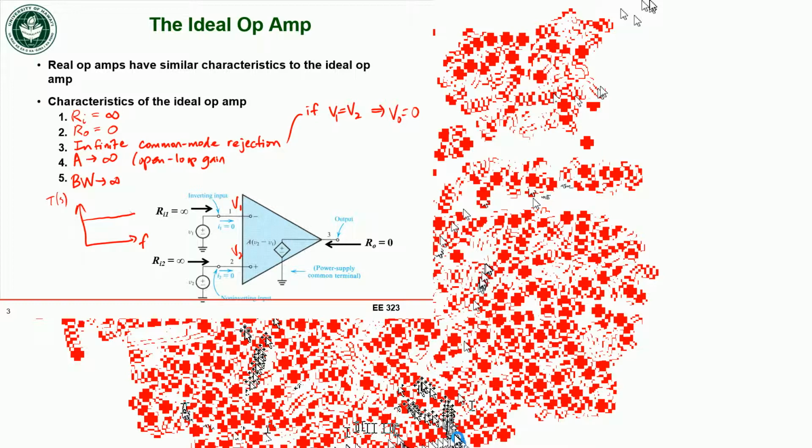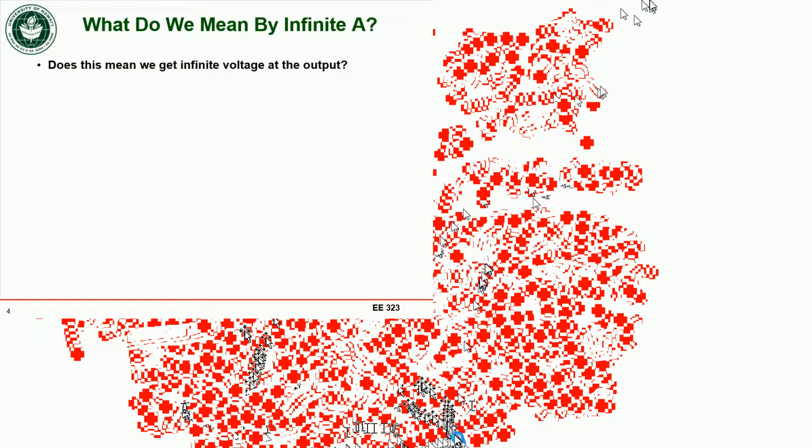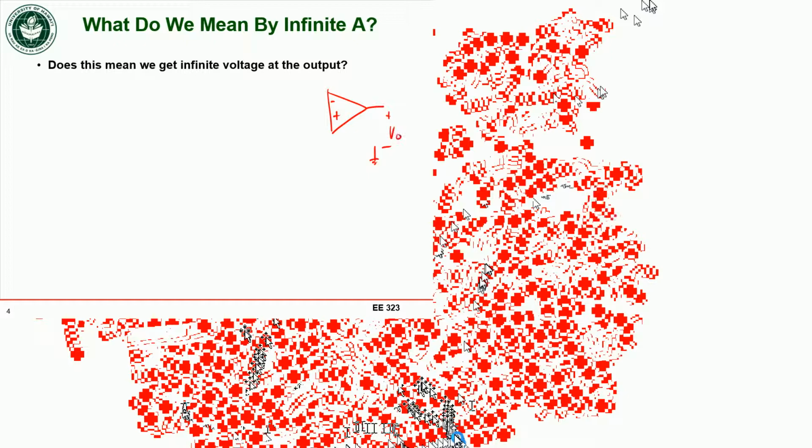Let's go back to this infinite open loop gain concept. If I have infinite gain, that means, let's say here's my op-amp, and I'm going to get some output voltage. Let's say I ground that terminal and I put in some input voltage.